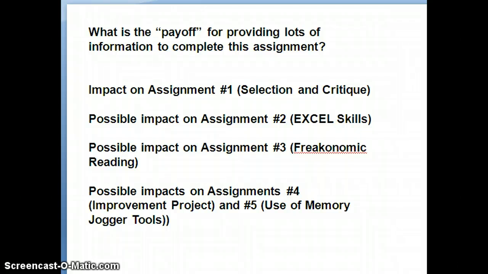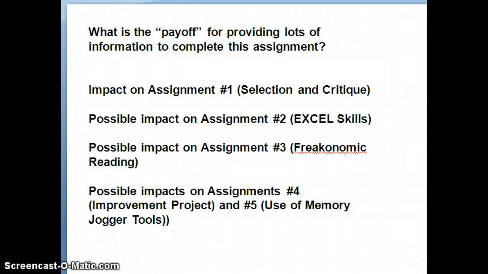Your careful identification of an issue in the pre-assignment is going to be used as the measure against which I'm going to look at the effectiveness of your selection. So if you really flesh out the issue well at the beginning of the class, this is going to make it much easier for you to know that you're selecting articles that are on target for assignment 1. Okay, that's the first example.